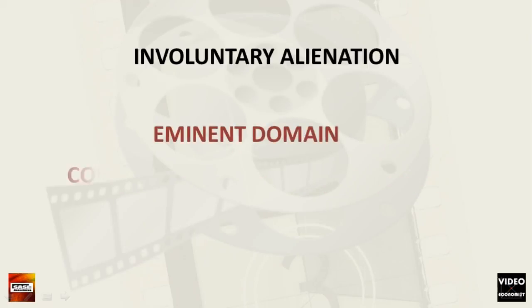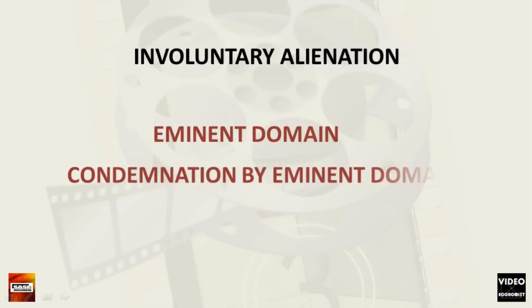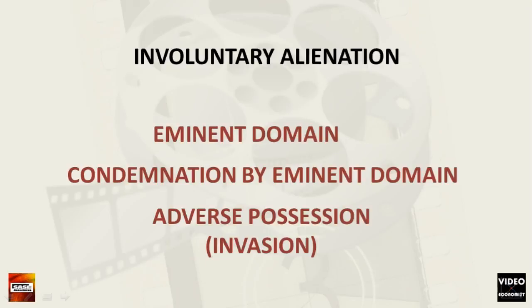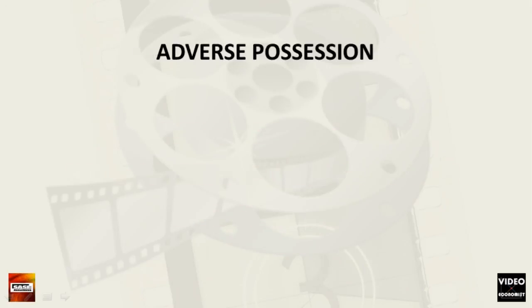Involuntary alienation can include things like eminent domain and condemnation by eminent domain, in which a government, if they pay a fair value for the property, can take over that property regardless of whether the present owner wants to keep it or not. Usually this is for some larger public good, constructing an expressway or other things like this.